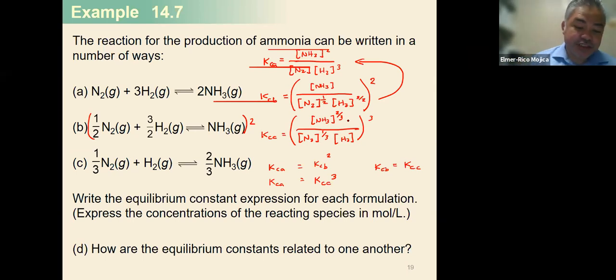Now, how about KCB and KCC? How would the relationship look like? If we're going to express it in a simple one, how are we going to write the relationship between the two? Because you end up that this is KC2 and this is KC3. But is that the simplest relationship that we can get from them?